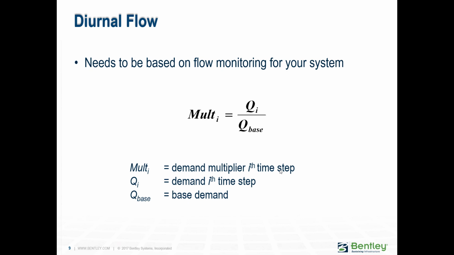And then you calculate, let's say, your 24-hour average flow. So for each time step, you'd say, okay, flow at time 1 divided by the average flow, and that gives you the multiplier for that time step.